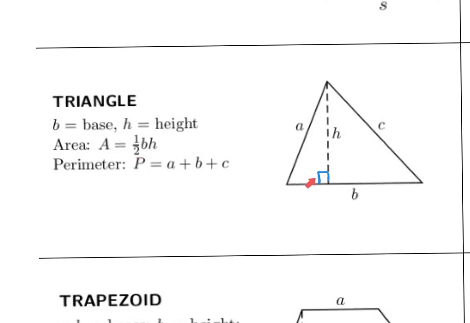We have one more rule for the area of a triangle. If you have 2 sides and the angle in between, you can find the area.